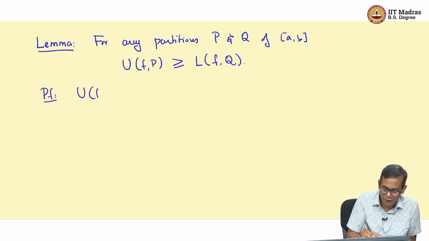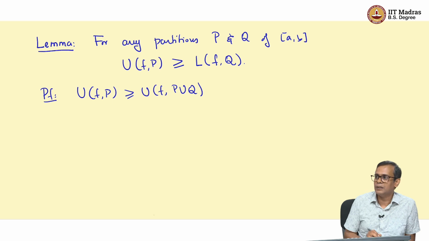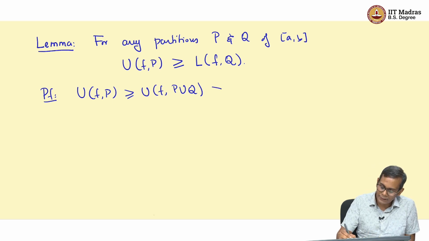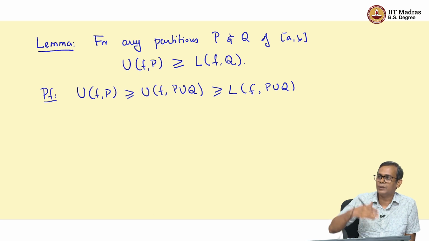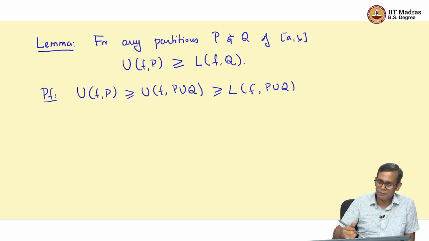We know that U(f,P), well, that's greater than or equal to U(f, P union Q), because P union Q is a refinement of P. And that is certainly greater than or equal to L(f, P union Q), because U(f, P union Q) is a sum involving supremums, and L(f, P union Q) is a sum involving infimums, term by term.